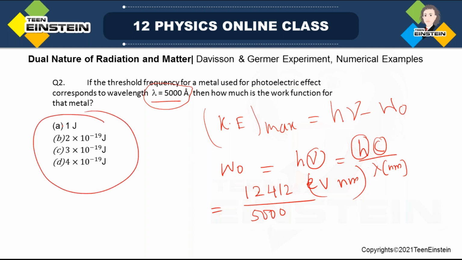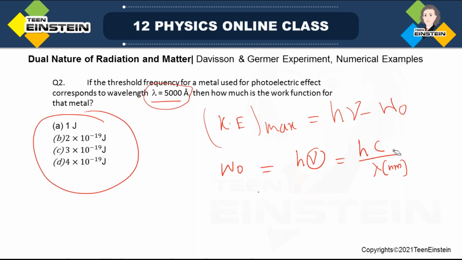Since the answers are given in this way, don't go to the electron volt and all. We can directly put the value of hc by lambda, because these are given in joule itself.